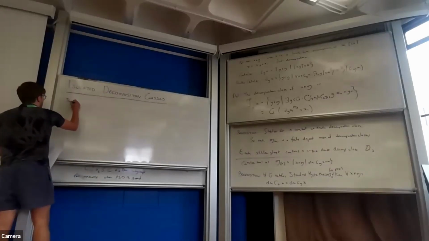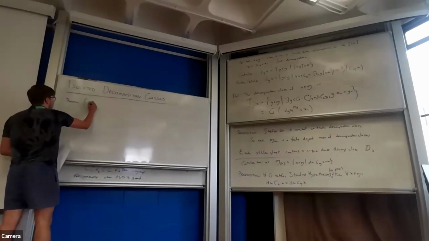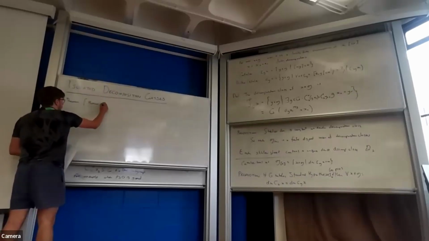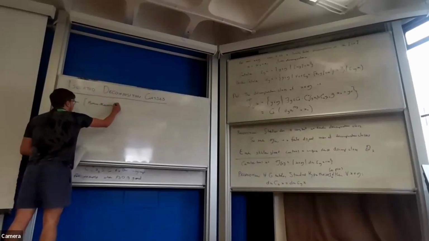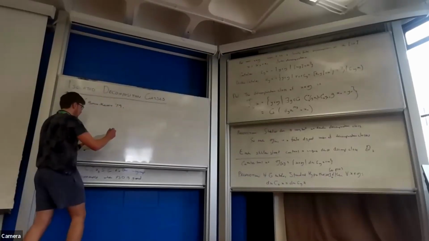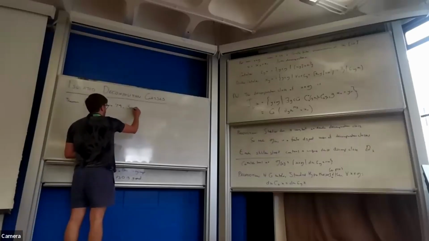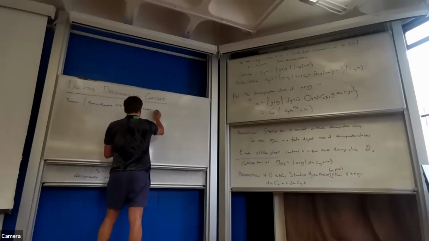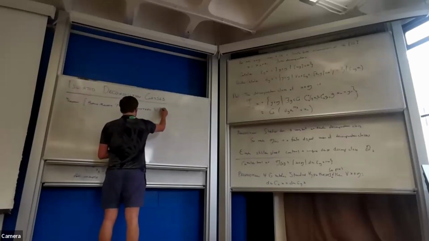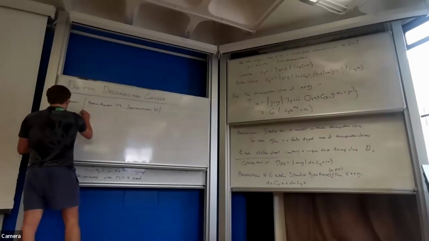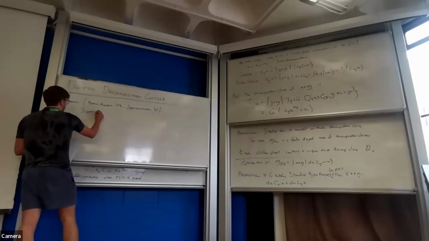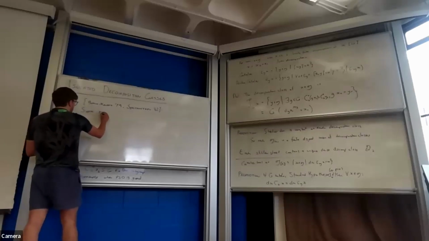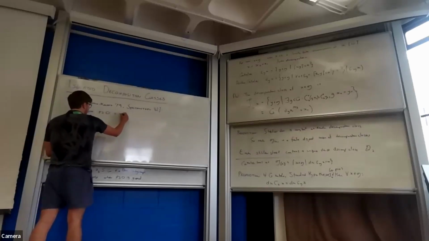So there's a theorem originally due to Borho and Kraft in '79, and then Katsylo, which says: suppose p is good.